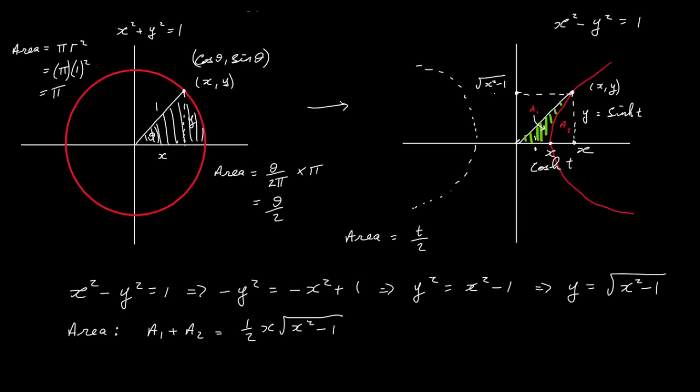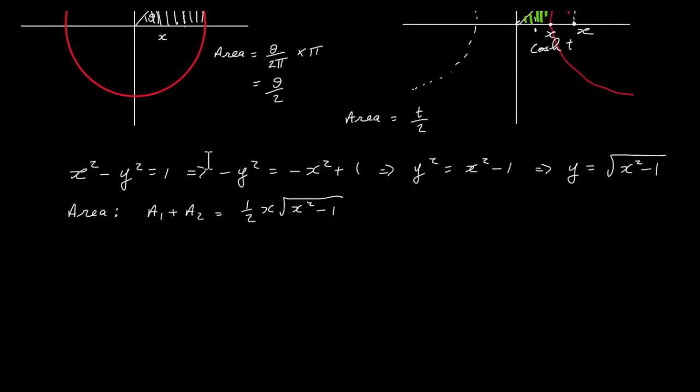What we want is the area underneath the red curve, and that is A2. That's just going to be this last expression minus t over 2, which is area 1. So A2 is equal to half of x times the square root of x squared minus 1, all that minus t over 2.